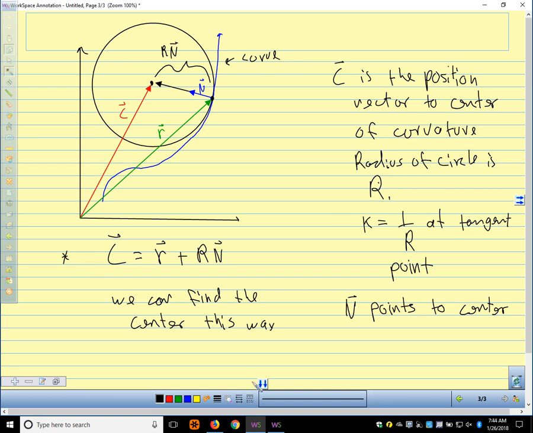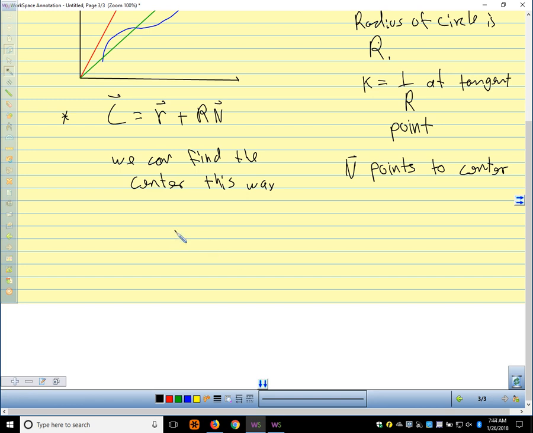And if we take the cross product, B equals T cross N, that is called the binormal vector. T cross N is going to be orthogonal to the osculating plane.